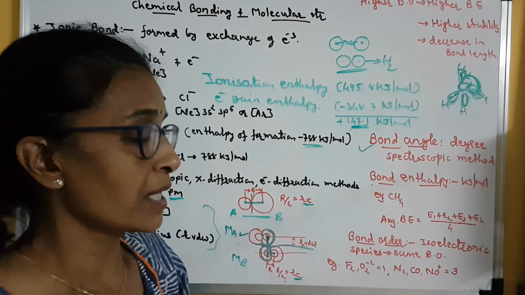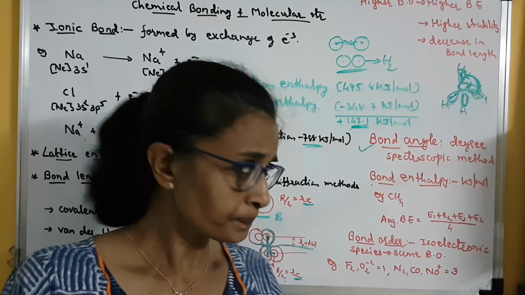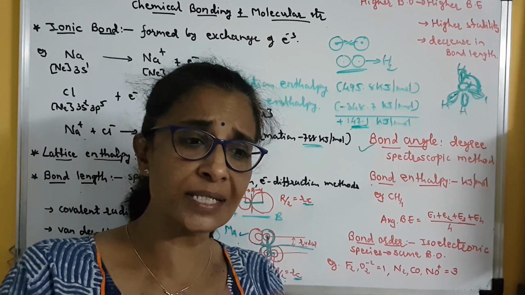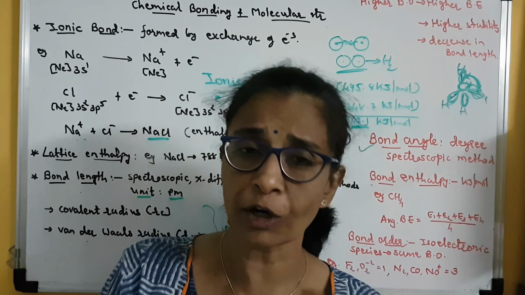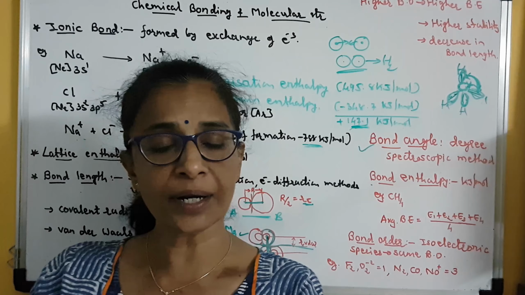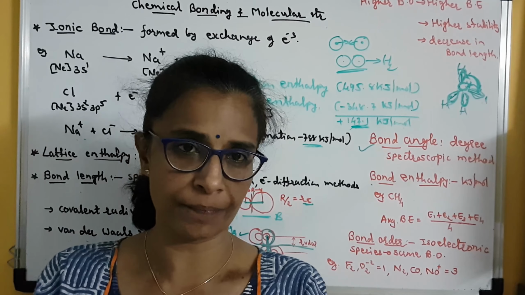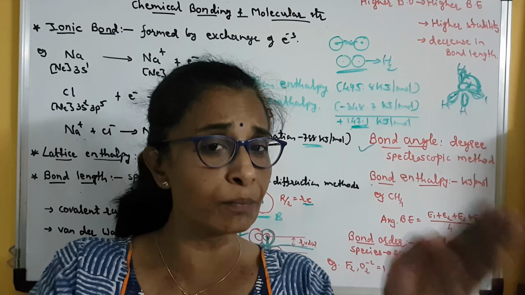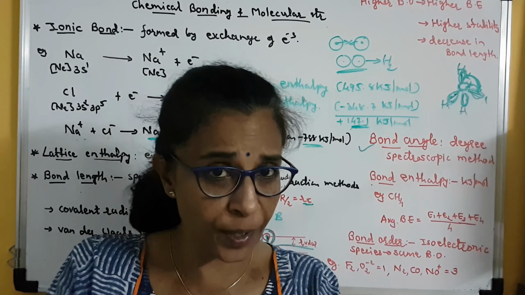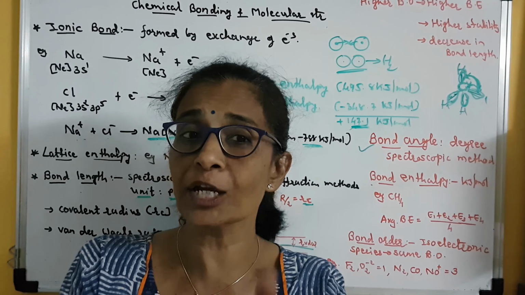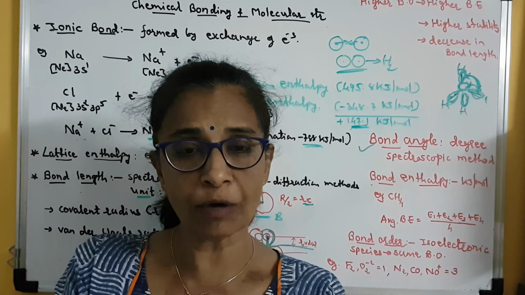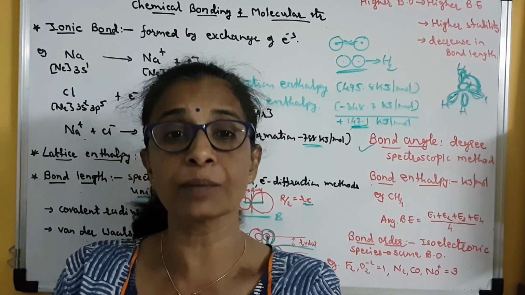Clear? Bond enthalpy is a very important parameter in deciding the strength of the bond. The more the bond enthalpy, the stronger the bond. Clear? If the bond is strong, then a greater amount of energy is required to break that bond. So bond enthalpy is the energy required to break 1 mole of the bond of a particular type in a molecule.